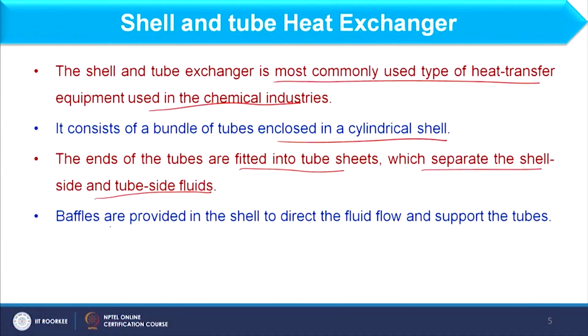And further, we are using baffles, and these baffles are provided in the shell to direct the fluid flow and support the tubes. Okay. So, the tube sheet is basically holding the tubes, but it holds the tubes from two ends only. However, if we let the tubes hang between two tube sheets, what will happen?